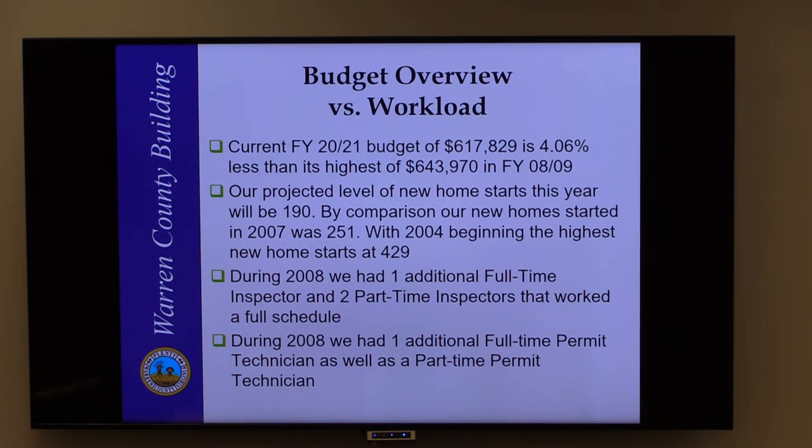We had 2 part-time inspectors at that time that were running pretty much full schedules. That was before the time frame that you could only work 28 hours per week. They were working full weeks, but they were part-time status. Also, we had additional permit technicians. So instead of 2 full-time, we had 3, as well as a part-time permit technician.